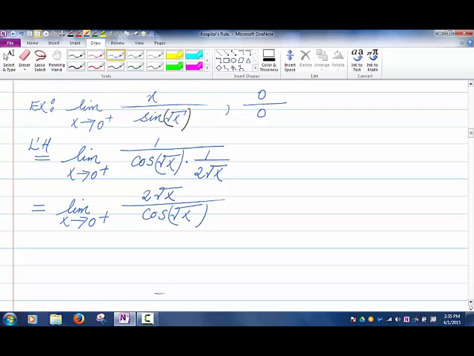Okay, now, what's the limit form now? Yeah, you get 0 in the numerator, and in the denominator you get cosine 0, but cosine 0 is 1, which is 0 over 1. Is that indeterminate? No, it is not indeterminate, it is 0, right? So the limit would be 0.